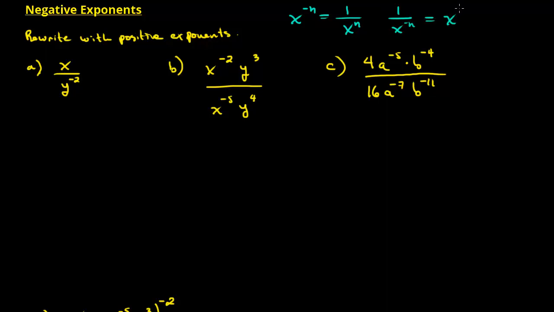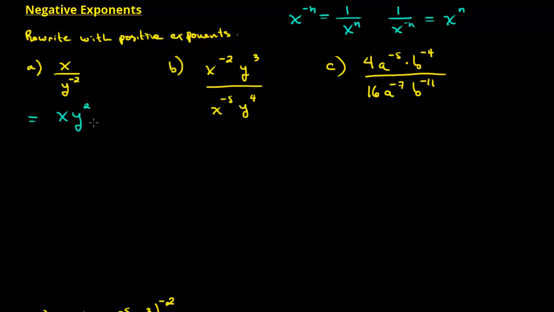So this is equal to x to the power of n. So here I've got x divided by y to the power of negative 2. And if I want to change this into a factor with positive exponents, I have to just take the reciprocal of y to the power of negative 2, and I can rewrite this as x times y squared.